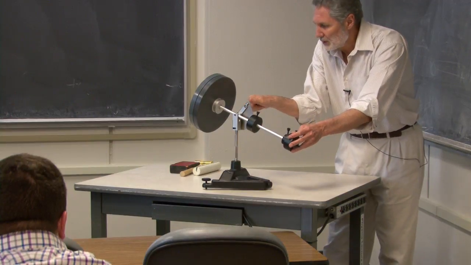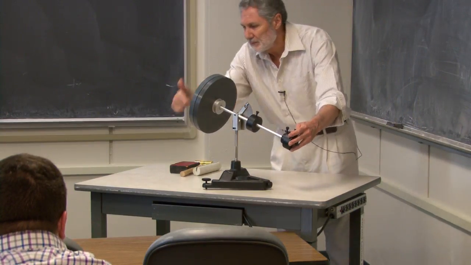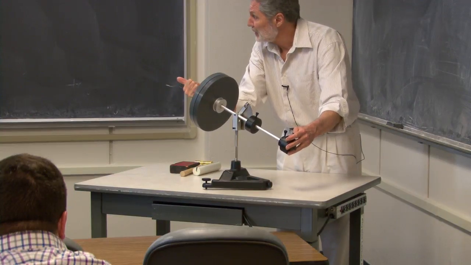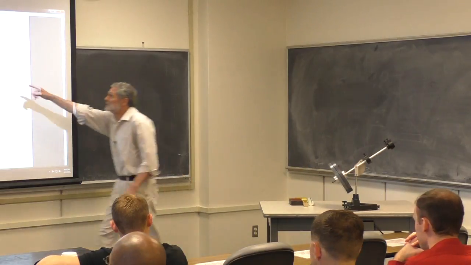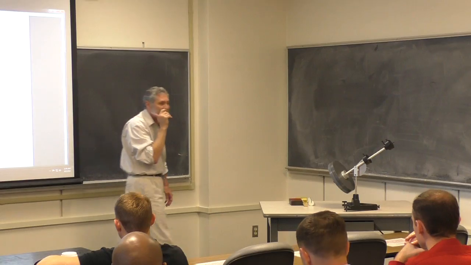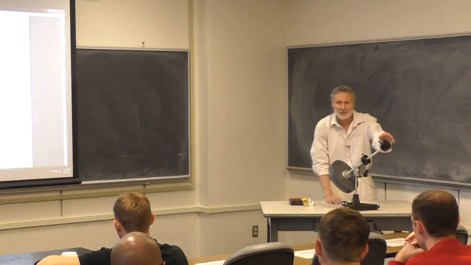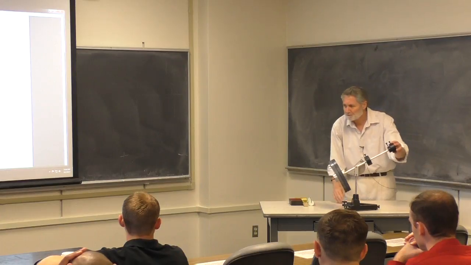So there's a torque that's pointing that way. And this angular momentum, which is pointing this way, has to change in the same direction, and you can see that it does. So it works, it's sort of qualitative, it works. And it works quantitatively too, okay?